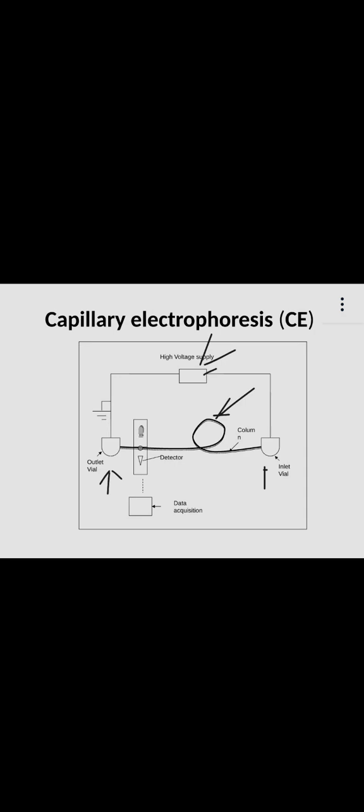The capillary also has a transparent window near the cathodic head. So that would be this point. And this allows for attachment of a detector, usually a UV visible detector, just like in HPLC.